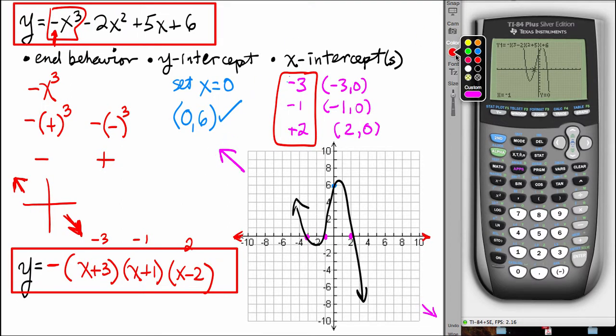Now, just a little bit more about this relationship between polynomials and factors and roots and x-intercepts. This is a third degree polynomial, and there's a theorem that says a third degree polynomial will have 3 roots.